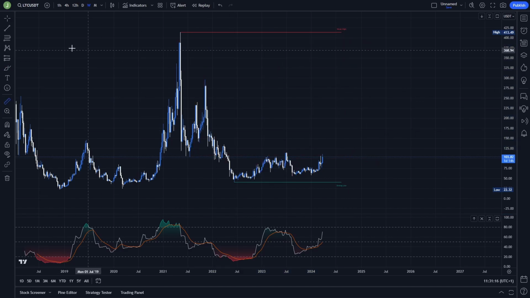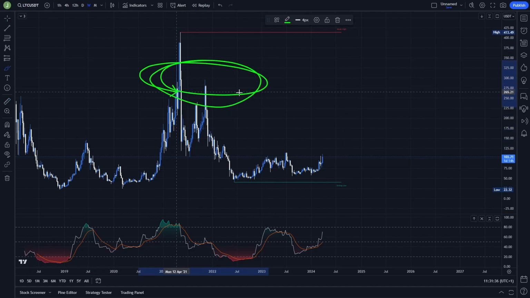I think it's definitely possible that we are, for example, gonna reach these kinds of prices. So my price range is around 336 to, let's say, $300, something like that, which is still a pump of around 180 to 224% from this level. So yeah, definitely it's possible that we are gonna reach these prices in the upcoming bull market.